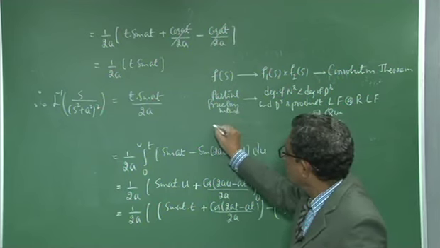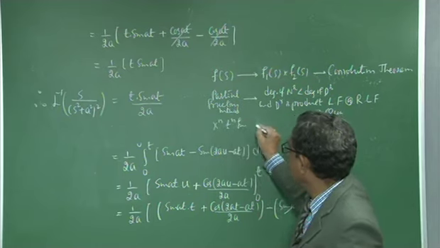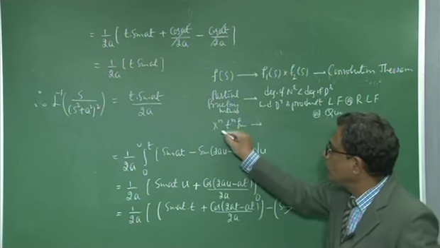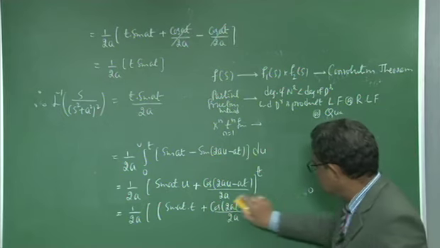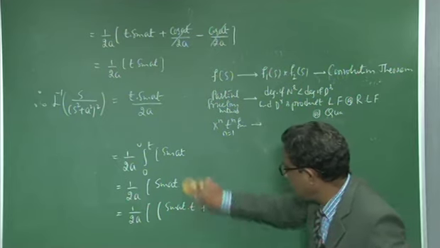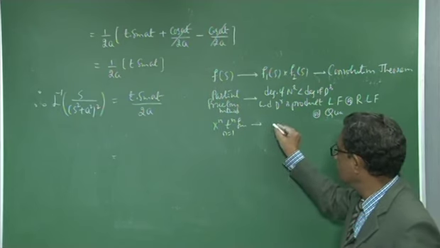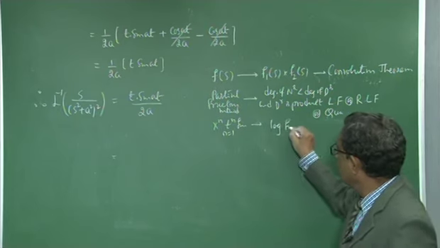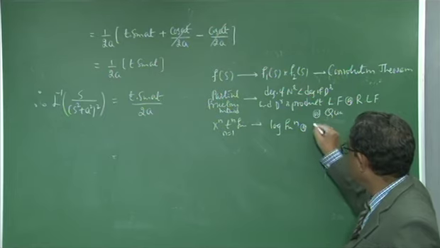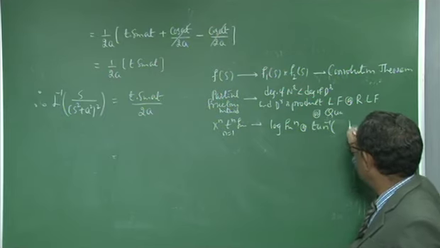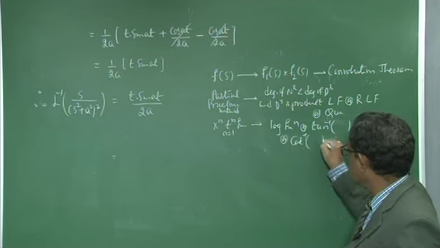Now, before this one, you use the multiplication of t raised to n formula by taking n equal to 1. We use this formula. Now, for this one, easily we can identify, as I told, identification is easy if the given function is a logarithmic function, or tan inverse of some function of s, or cot inverse of some function of s.